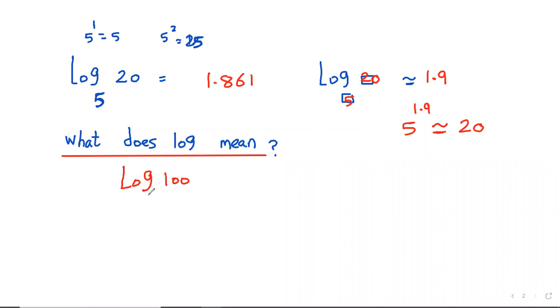So log 100 to the base 10 equals 2. What about log 1000? The base is 10. It's not written, but we deal with it as 10. So it's 10 to the power of 3, because 10 to the power of 3 equals 1000.